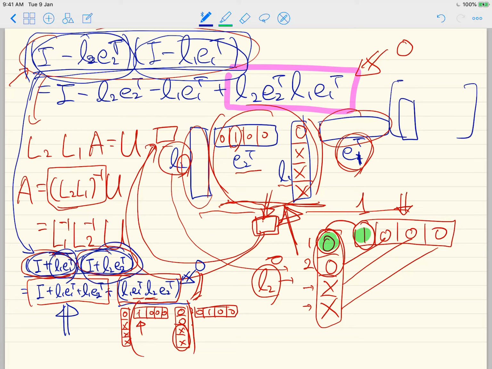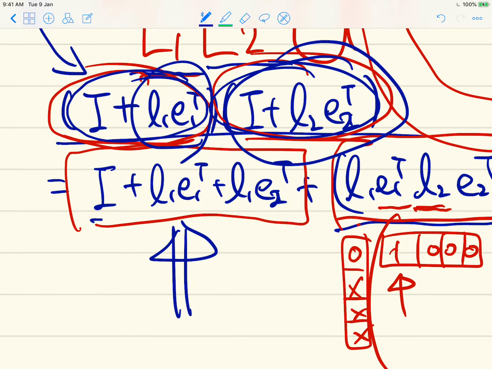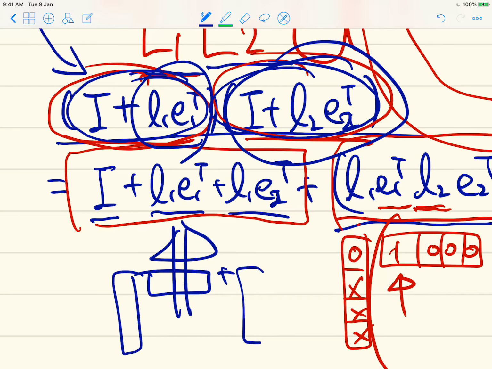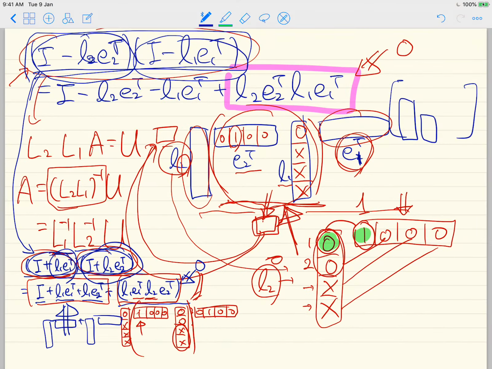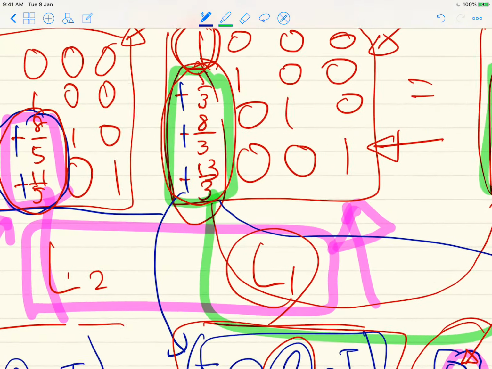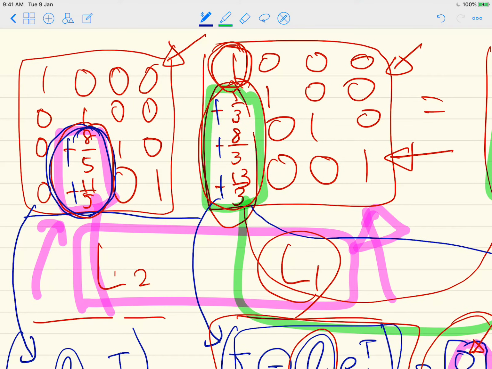And then it was filling up the second column of the lower triangular part. And then adding this identity matrix with this outer product and also this outer product, right? And then it is simply putting this into here, okay?